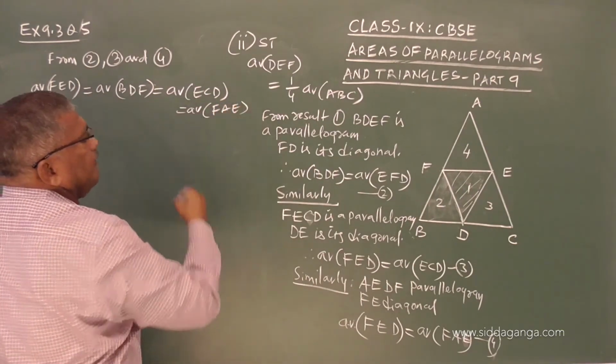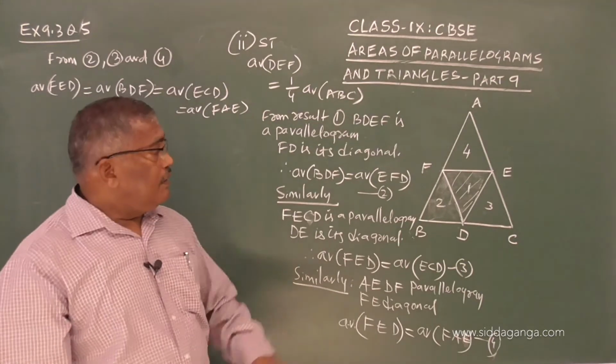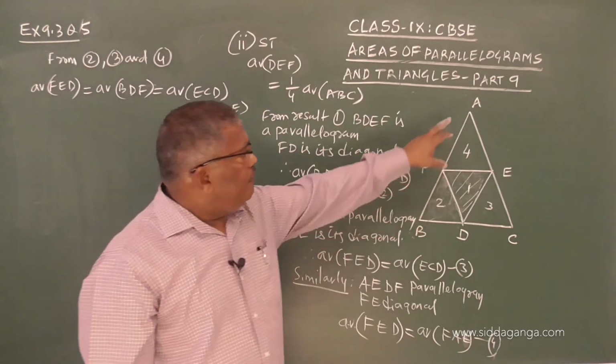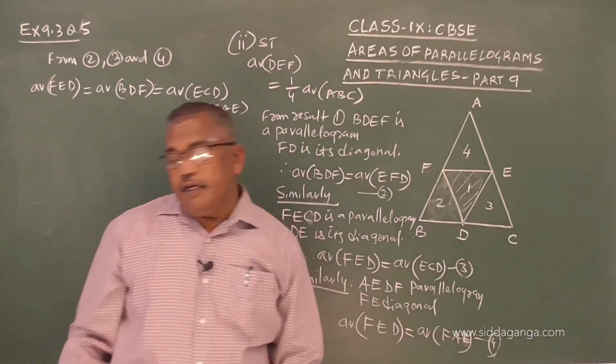And the sum of all these 4 will be the area of the triangle ABC.